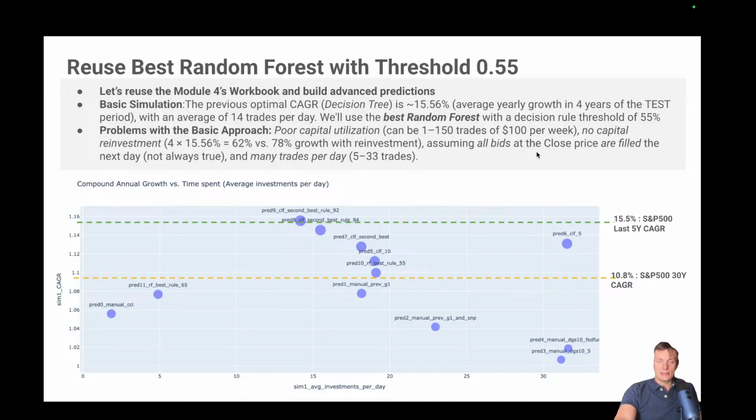And finally, we were assuming that all bids from the close price were filled. So the way I originally started to use that system was that I made predictions when the market is over at night, and I tried to execute the predictions on the next day when a new trading day was open.